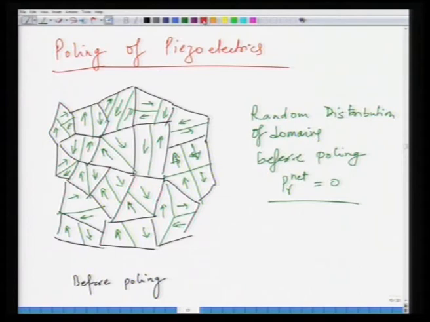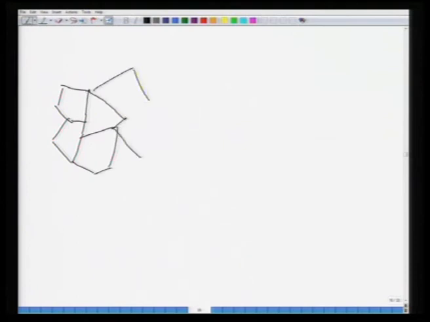When you apply an electric field to this material, let us say in this direction, the material changes its domain structure. As a result, you have a change in the dipole alignment. So, now the picture can be slightly different. If I draw the electric field now, they are not going to look exactly similar because these are all handmade drawings.